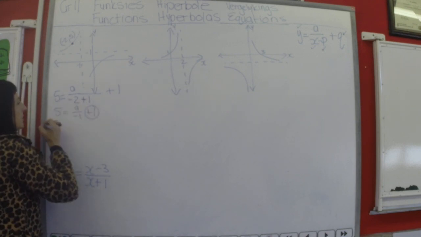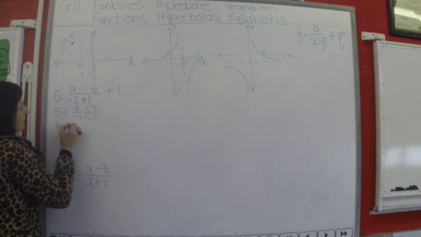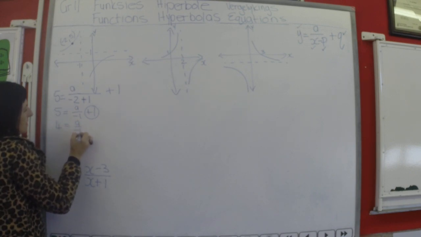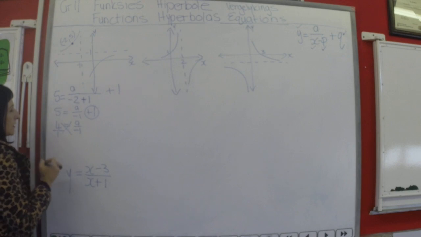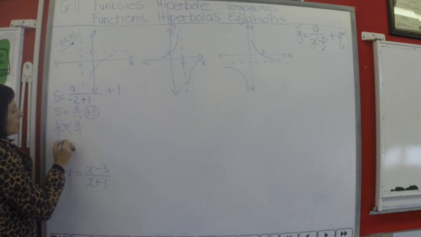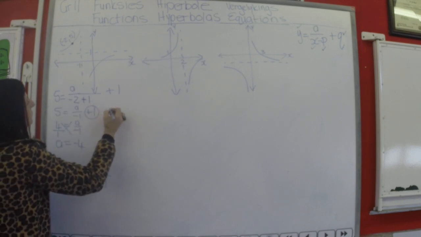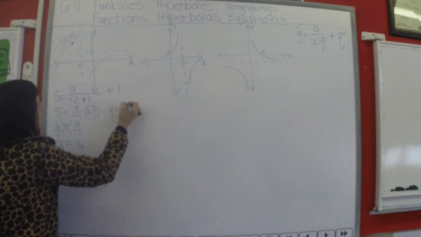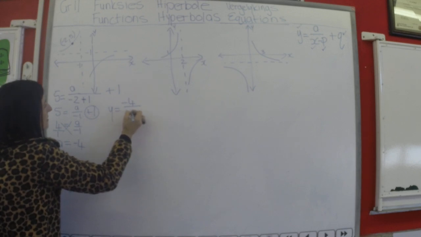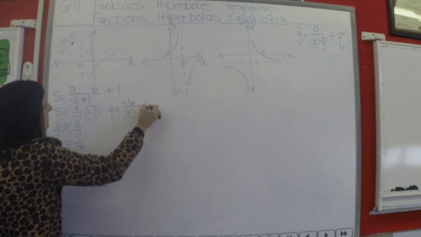As ek die plus 1 daai kant toe bring, word dit minus 1. So ek het a op minus 1, kan dit op 'n breek sit en dan kan ek kruisvermenigvuldiging doen. So a is gelyk aan minus 4. So die vergelyking van my hiperbool is y is gelyk aan minus 4 op x plus 1 plus 1.